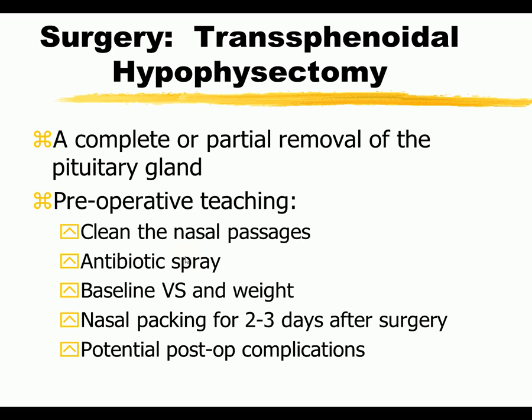After the gland is removed, a muscle graft is taken from the thigh to support that area and to prevent any leakage of cerebrospinal fluid. Nasal packing is then inserted after the incision is closed, and they'll have a mustache dressing applied. And that's just a dressing above the lip. If the tumor cannot be reached by this approach, then they have to go in and do a craniotomy, but they will always try transsphenoidal first.